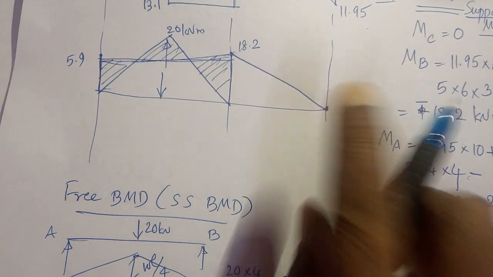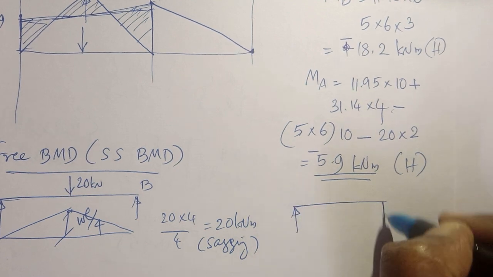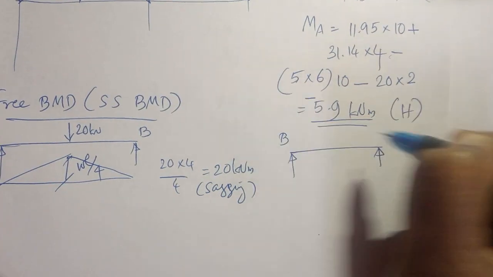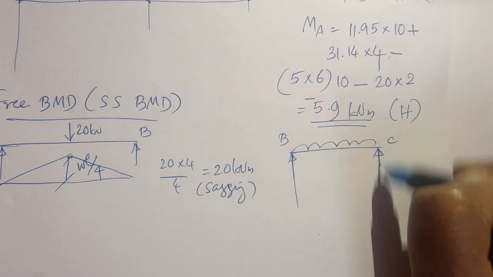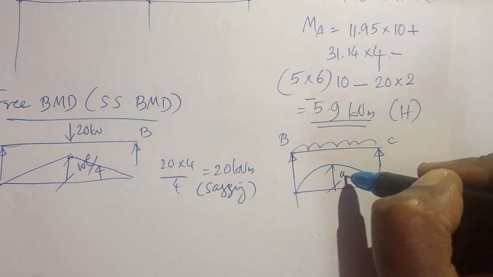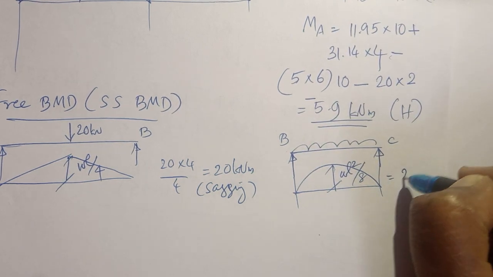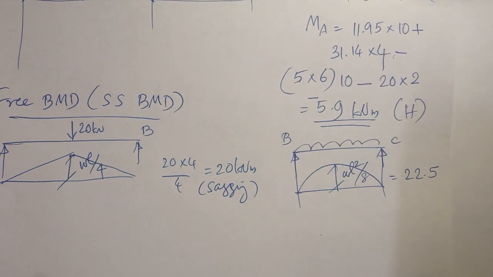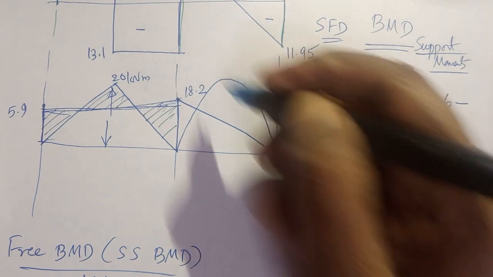Similarly, for the second portion BC, it is having uniformly distributed load. So the simply supported bending moment value is maximum at the center, W L square by 8. It works out to 22.5. So it's a parabola.